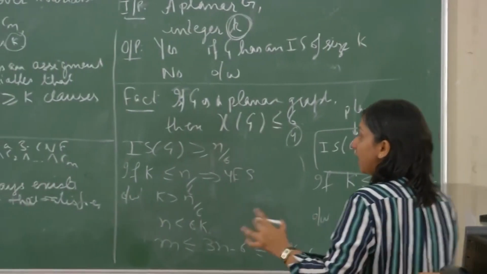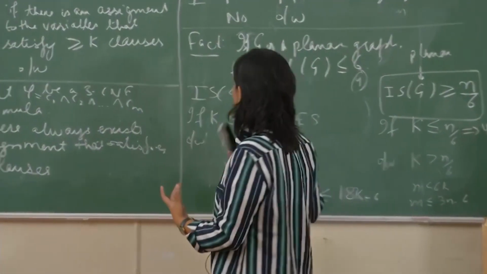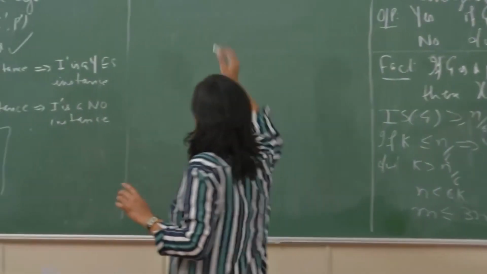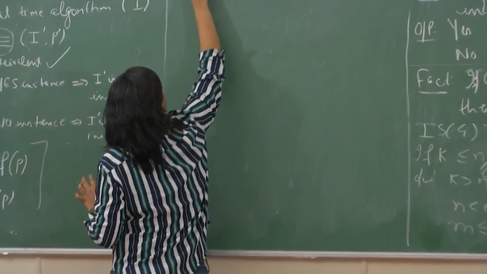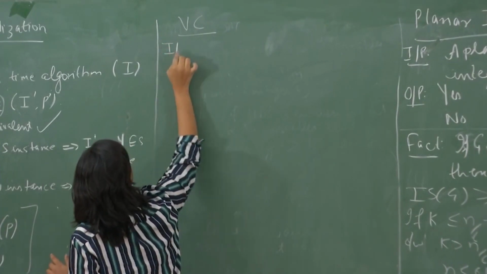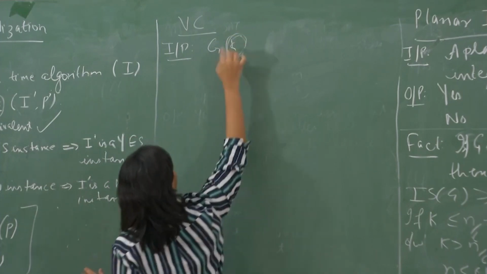There we actually have to design some real pre-processing and get a kernel. So we have this vertex cover problem. Again, we all know the problem. Still, I'll write it. Input is a graph G and an integer k. The parameter will be k.